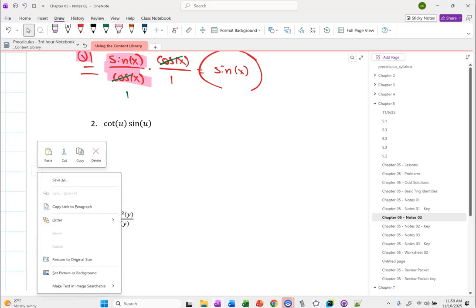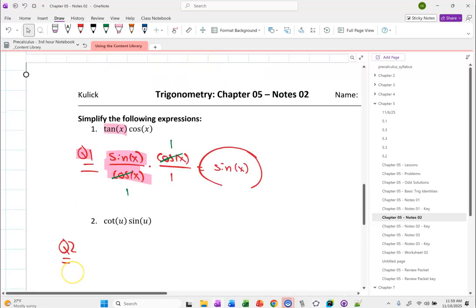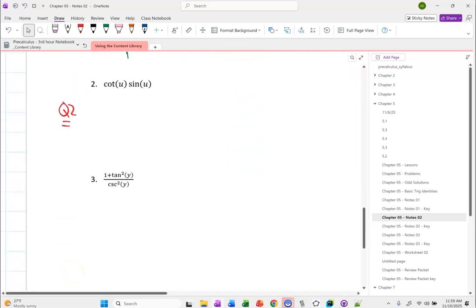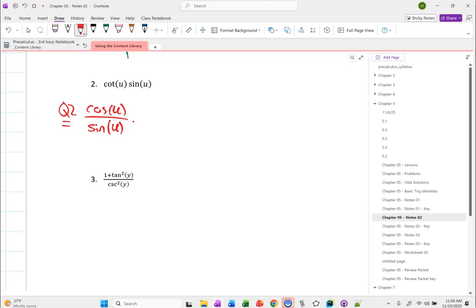That allows us to rewrite cotangent as cosine over sine. And again, since it's now fractions, I'm going to write sine as sine over 1. And what do you notice happens? Yeah, the same thing as the last one, right?